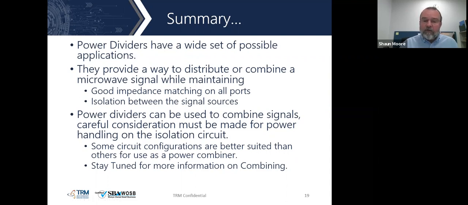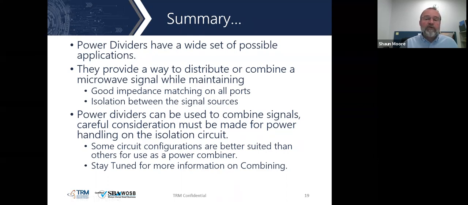Power dividers can be used as signal combiners if we are talking about a relatively low power, or we understand the nature of the signals of what we're trying to combine. Again, if we're talking about a very high power signal coming in there, we have to be very cognizant of the fact that the power handling capability of the isolation network may be compromised. And I will say that if you take a look at what the power ratings of our power dividers are, they all can be used as power combiners.